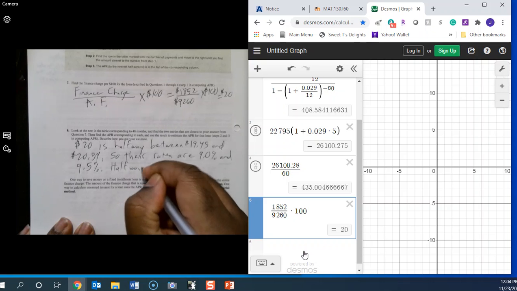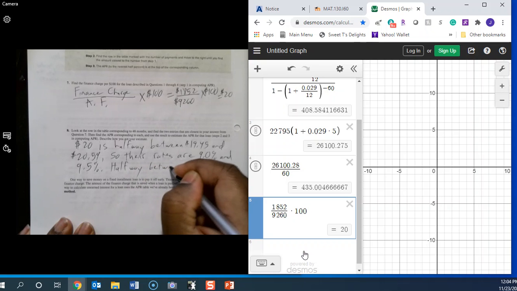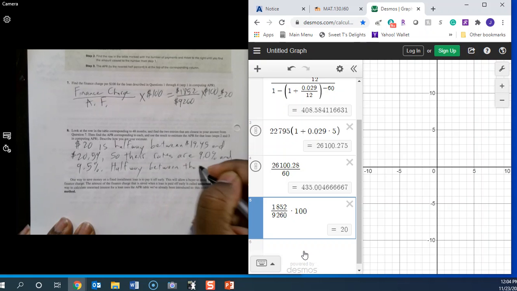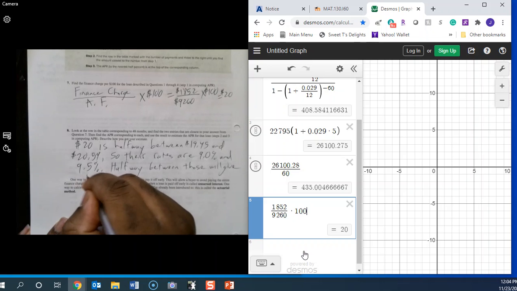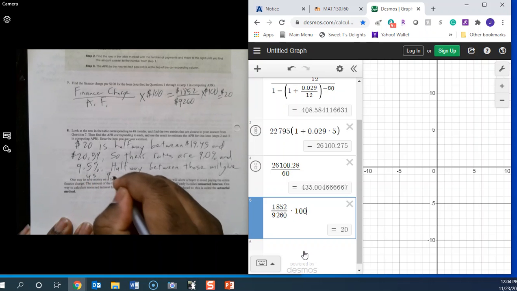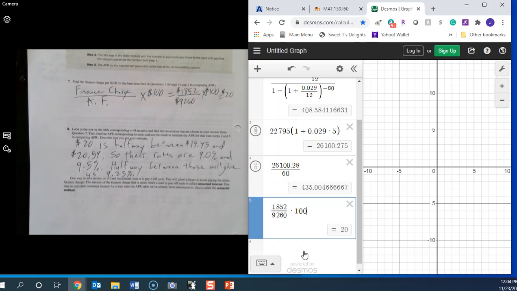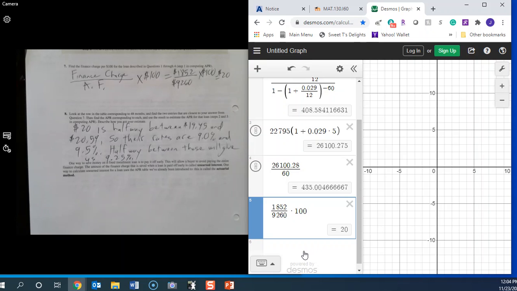Halfway between those will give us 9.25%. Now, in a lot of cases, we will have an exact value of one value, but because this is halfway, we have to take the two percentages and divide by 2.